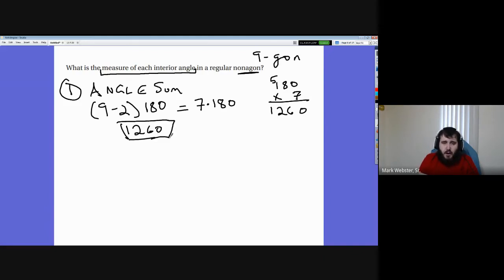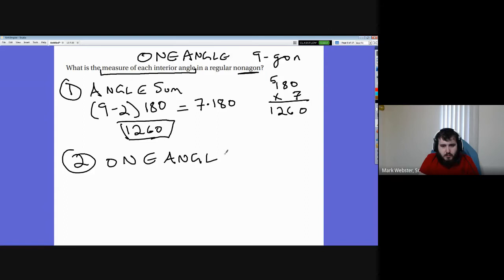Am I done yet? No, because I want to find one angle. So look, how many angles are there? There's 9. What do they all add up to? 1260. So if 1260 is what 9 of them are, if I divide that by 9, I will get what one of them is.